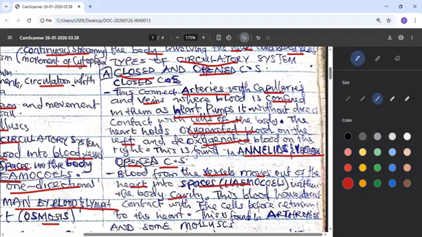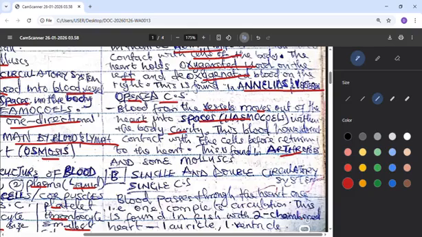So this blood has direct contact with the cells before returning to the heart, and this is found in arthropods and some mollusks. Arthropods and some mollusks are the ones that undergo open circulatory system.